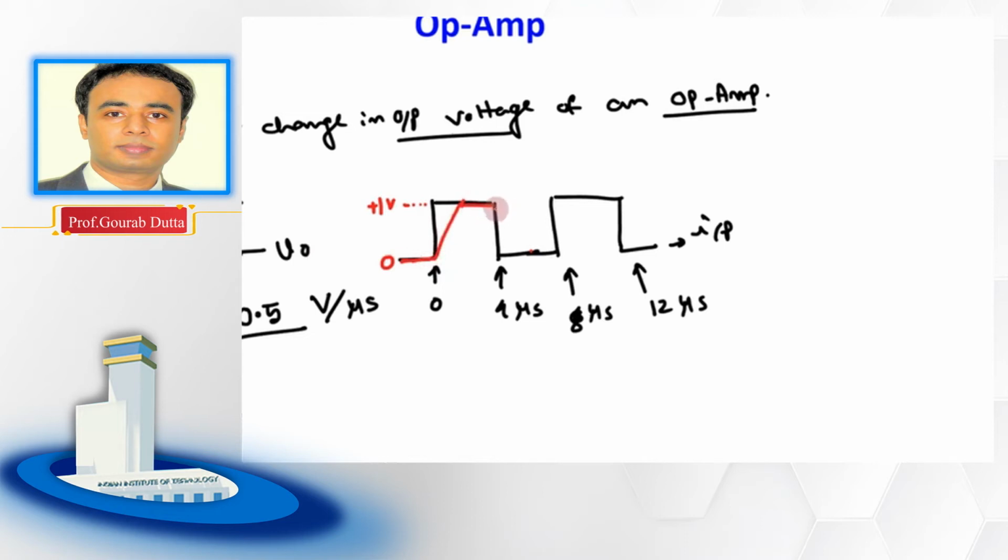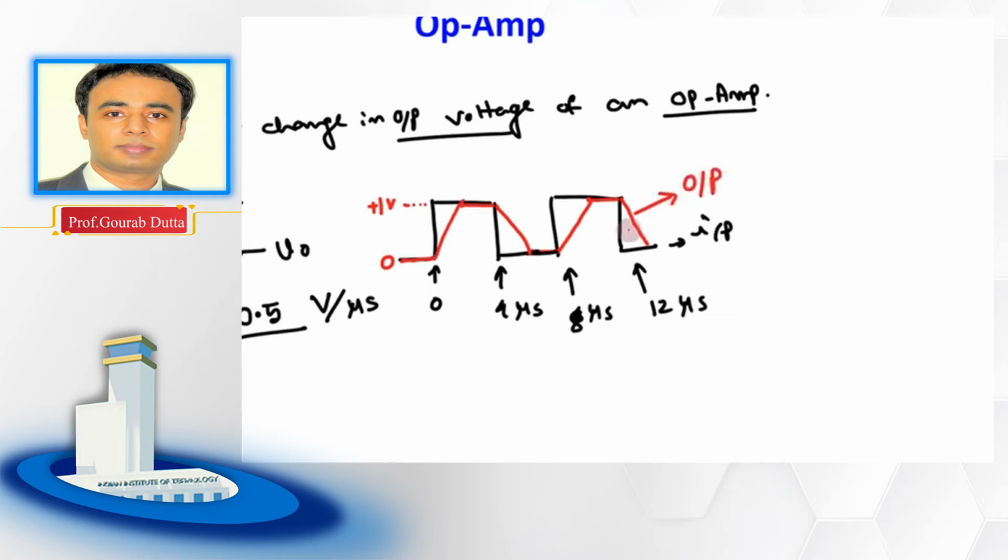Similarly, when the input changes very sharply, the output cannot change at the same time, but has to fall with a finite slope. So this is that slope, and it will take some time. Then again it will become 0, and again from here it will take 2 microseconds to reach the plus 1 volt level, and then it will fall down again.